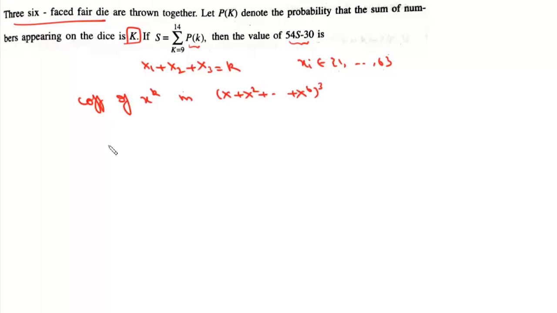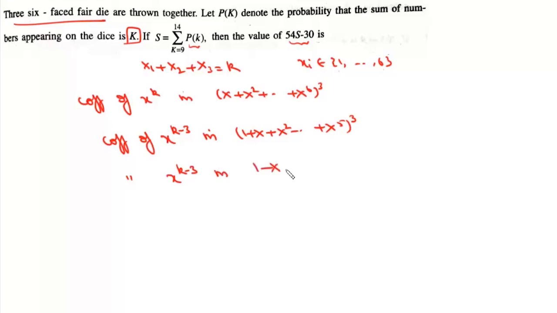Now we can take x cube common, so basically we have to find the coefficient of x to the power k minus 3 in the expansion of 1 plus x square up to x to the power 5, whole to the power 3, or we can write the coefficient of x to the power k minus 3 in the expansion of 1 minus x to the power 6 upon 1 minus x whole cube, which is the coefficient of x to the power k minus 3 in 1 minus x to the power 6 to the power 3 into 1 minus x to the power minus 3.